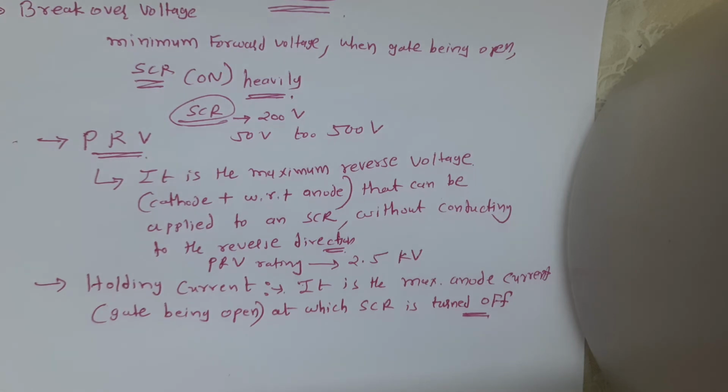That means when the SCR is in on condition, this is the maximum anode current at that time, gate being open, at which SCR is turned off. This is known as the holding current.